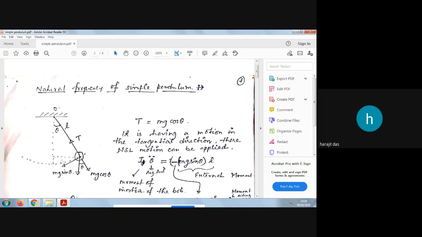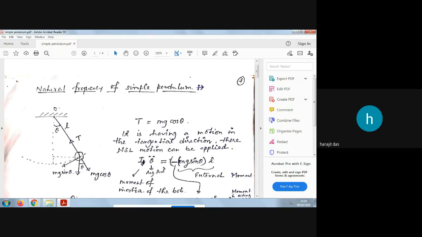So we will take the sign convention as on the right hand side, whatever be the motion will be positive, and in the leftward direction about the mean position, whatever be the parameters will be taken as negative. So when we applied NSL, what we got is that the external moments will be equal to I theta double dot.